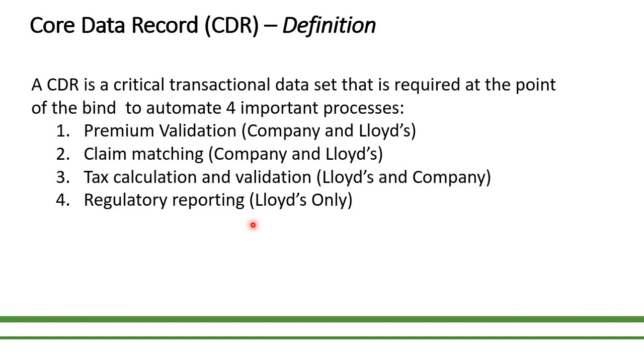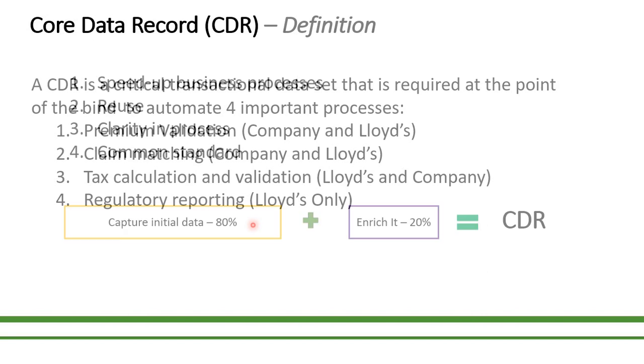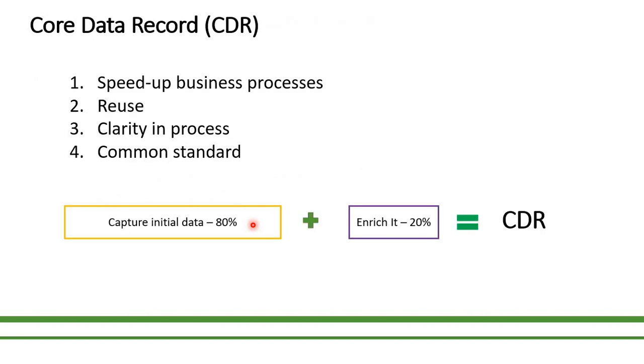So having a CDR in place, or rather I can say a golden record in place, will drastically speed up the business process around the placement, premium settlement, and claim, while maintaining simplicity. Why? Because you have a golden record with all the critical data set to drive the automation in almost all the aspects of the placement and claim business processes.